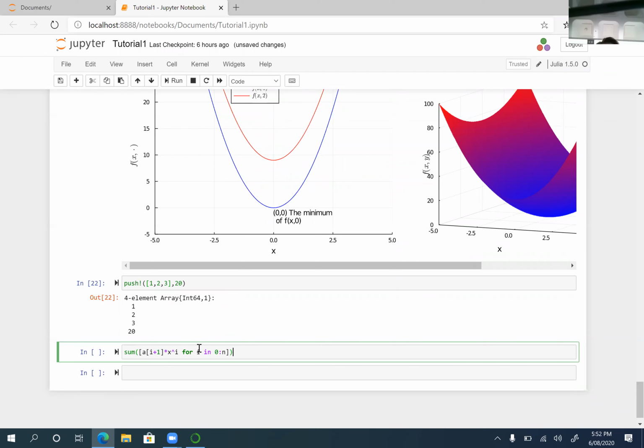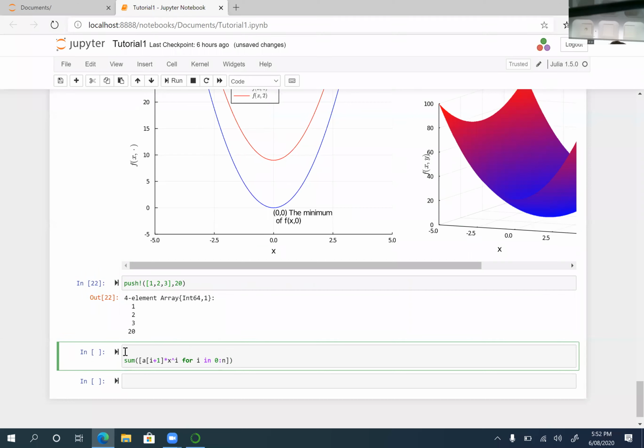Okay, so I've pasted that bit there, but what I need to do, let's see if we can, above that, enter a equals 1, 2, 3. Now I'm really just guessing because I'm not an expert in the syntax of Julia yet.